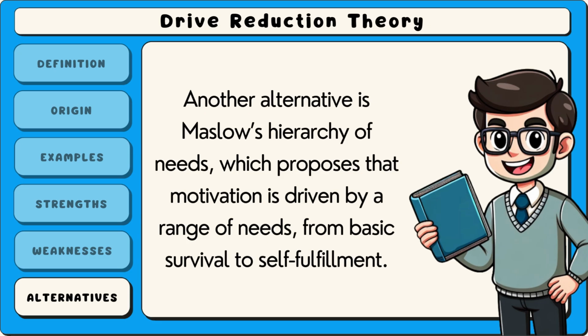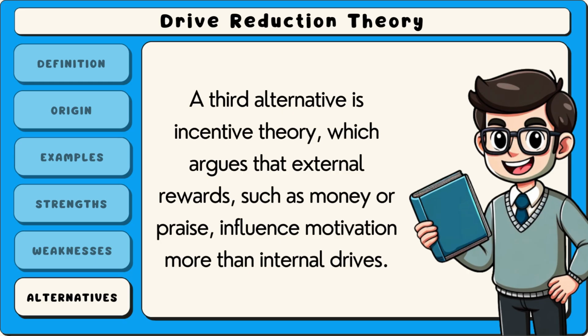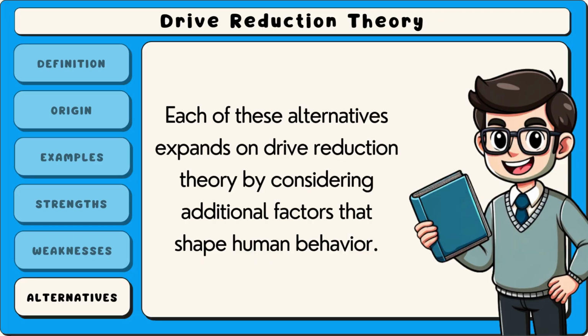Another alternative is Maslow's hierarchy of needs, which proposes that motivation is driven by a range of needs, from basic survival to self-fulfillment. A third alternative is incentive theory, which argues that external rewards, such as money or praise, influence motivation more than internal drives. Each of these alternatives expands on drive reduction theory by considering additional factors that shape human behavior.